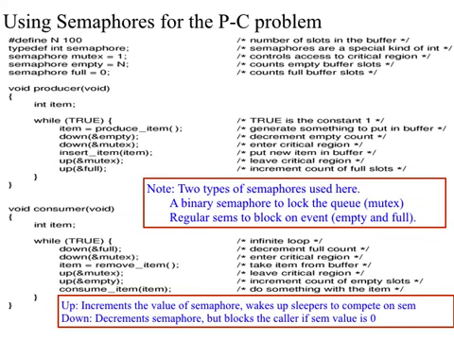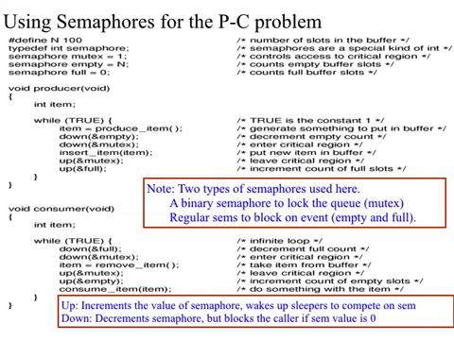Once the item has been inserted, he releases the lock on the shared buffer using an up operation on the mutex, and then he indicates to the consumer that there is at least one item to be consumed from the shared buffer. For this, the producer performs an up on the full semaphore.